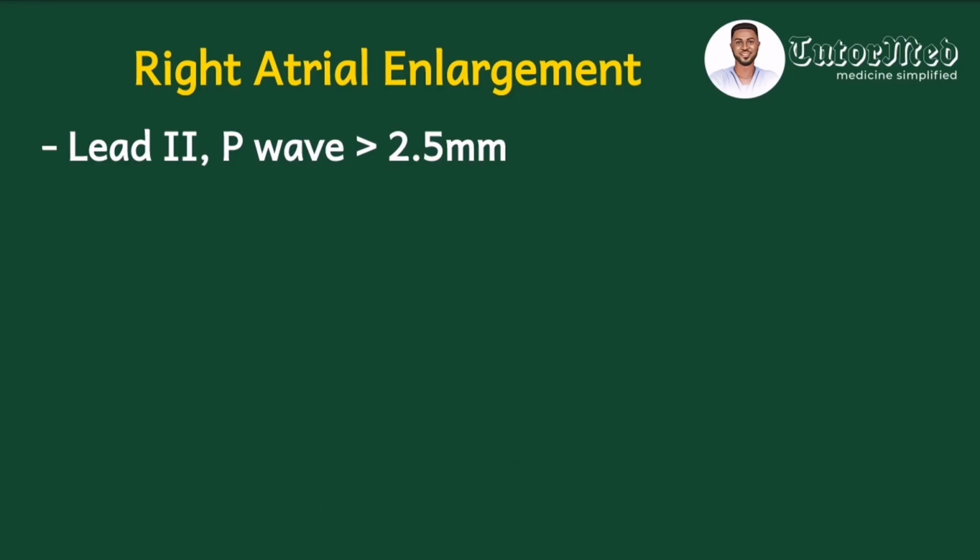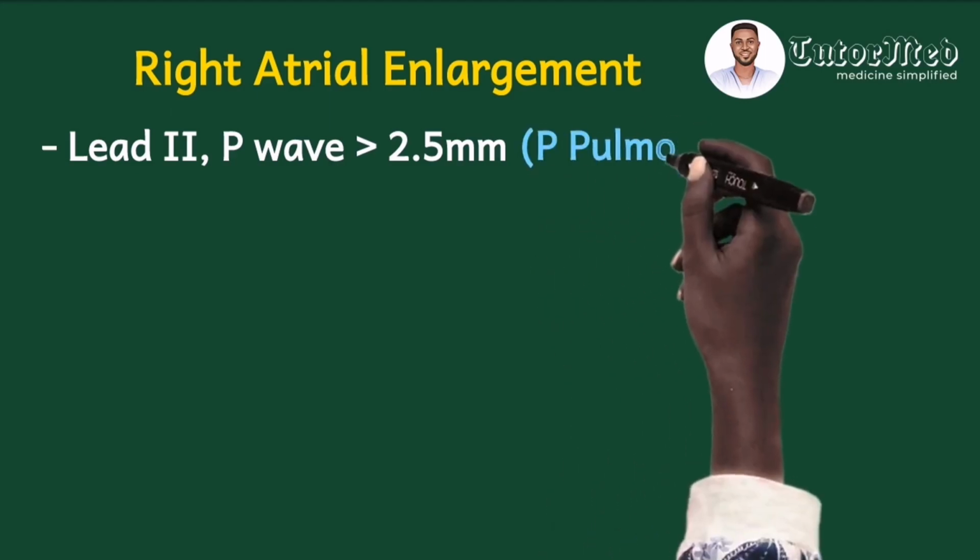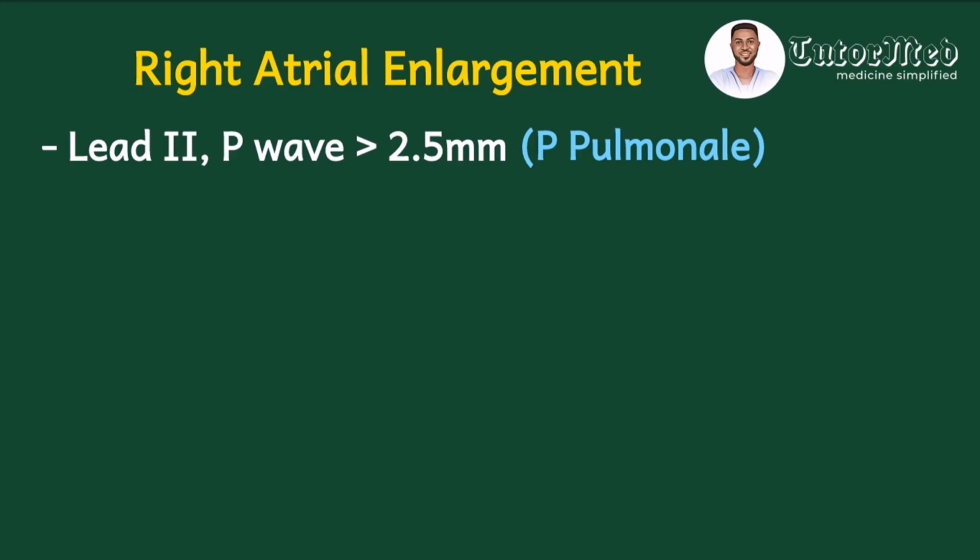And this morphology, we mean the P wave being greater than 2.5 millimeters in amplitude, is known as P pulmonale. Now I always remember that it is pulmonale because the pulmonic valve is located in the right side of the heart. Then apart from lead 2, you can use V1 also.